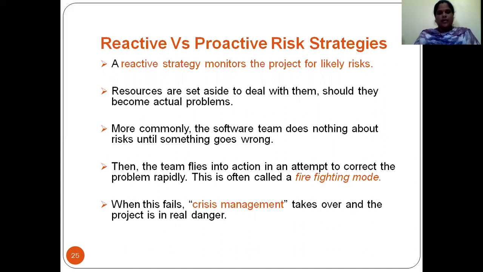If something goes wrong, then the team will sit down and sort it out. Then the team flies into action, attempting to correct it rapidly, and this is called firefighting mode, where you are immediately correcting a risk which has occurred. When this fails, crisis management takes over, and the project will be in real danger.